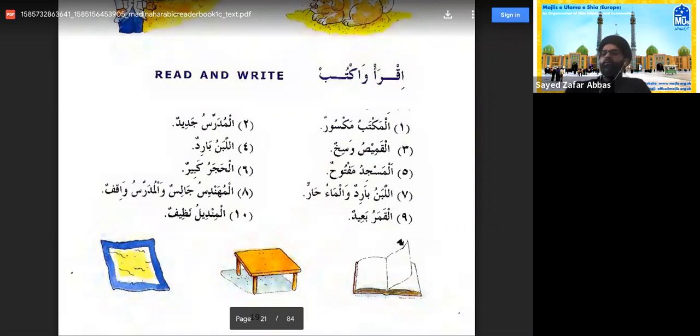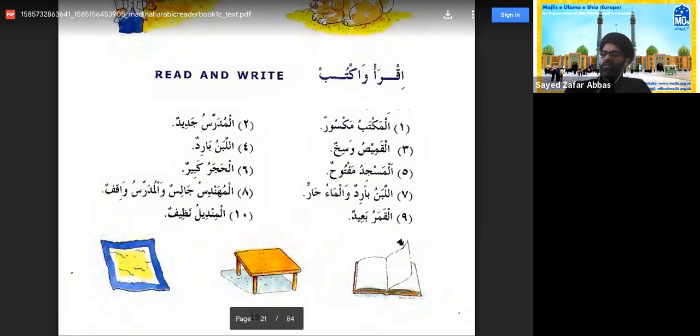And here al-qamis or wasikh, the shirt is dirty. Al-labanu barid, again, opposite to the example that we learned. We learned al-labanu har. So here al-labanu barid, the milk is cold. Al-masjidu maftuh, the mosque is open. Al-hajaru kabir, the stone is big.